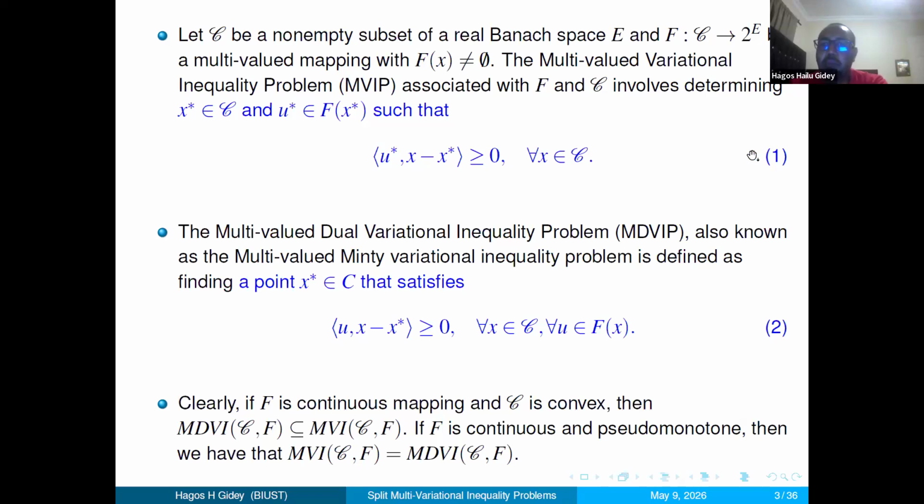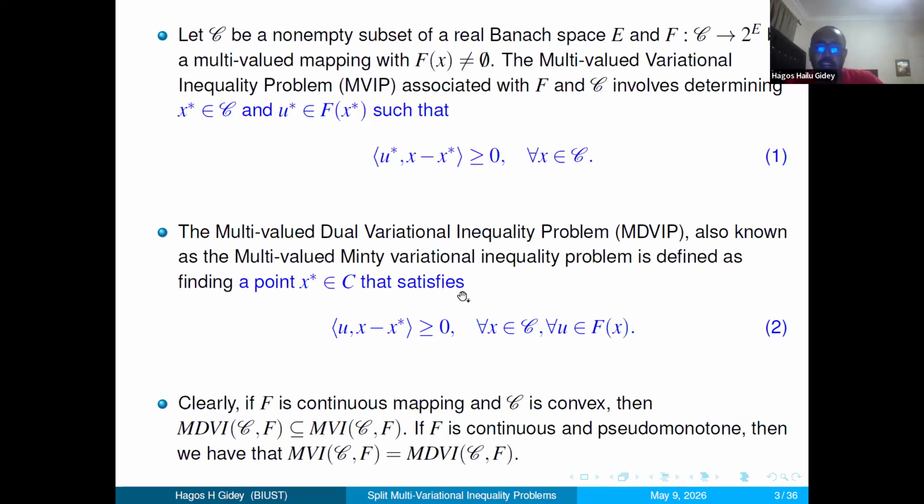We call this problem multivalued because F of x is a multivalued function. There is another similar problem, which we call the multivalued dual variational inequality problem, which is finding a point x star in C that satisfies inequality 2.